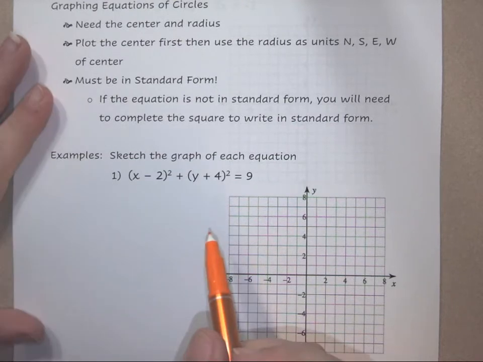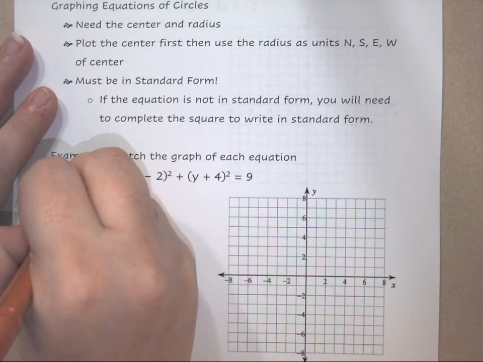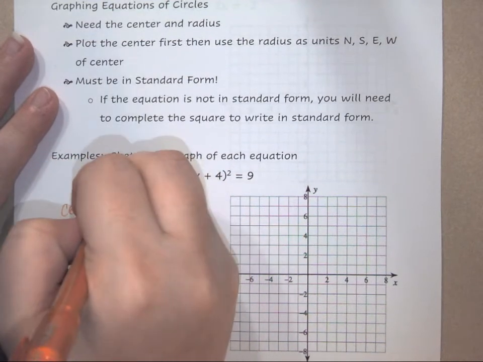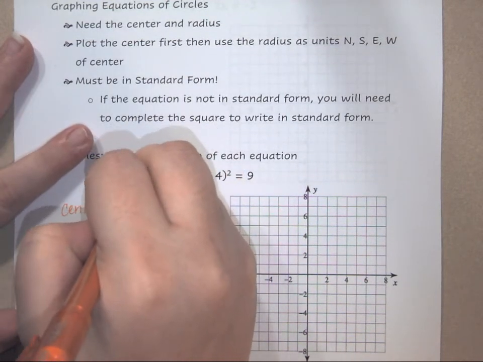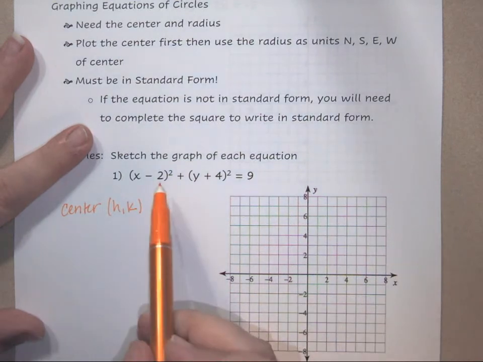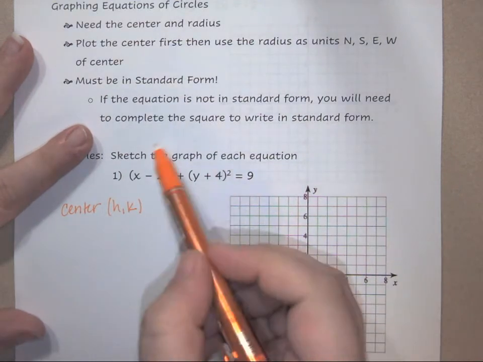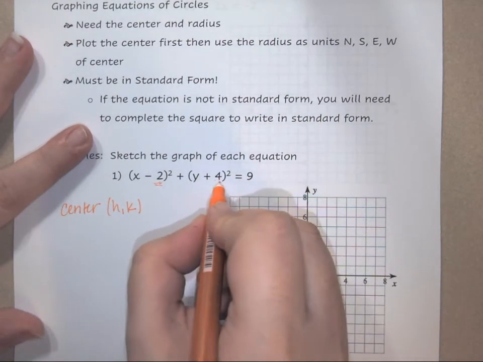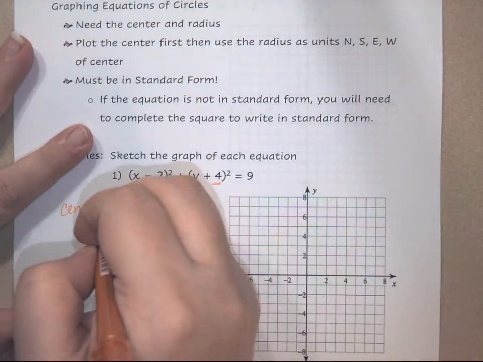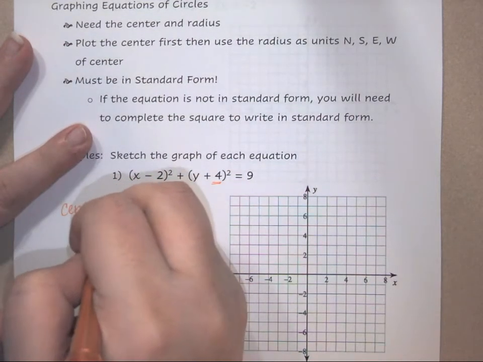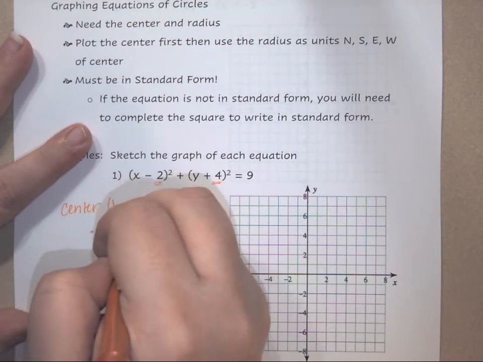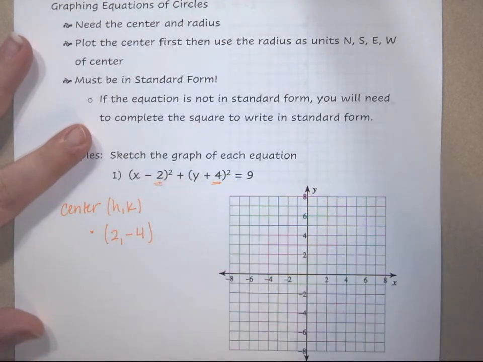So for example, we have to pull out your center, which we know is the point (h, k). In this case, we're looking at the 2 and the 4. And so here my center is going to be at the point (2, -4).